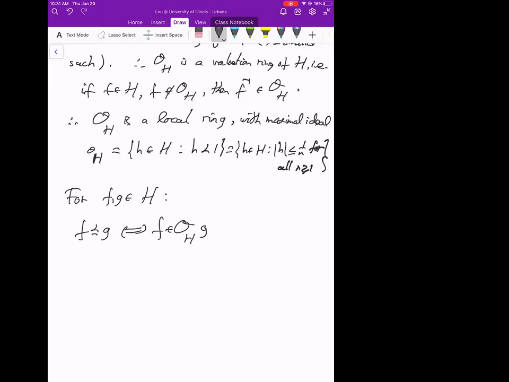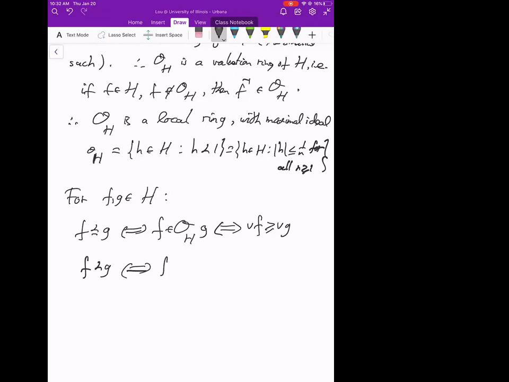Which in turn, if you take the valuation corresponding to this valuation ring, is also equivalent to the valuation of f being greater than or equal to the valuation of g, for the valuation little v on H corresponding to this valuation ring. Again, this is only for those who know about valuations. But sometimes we really need a valuation to do computations, right? Because v(f) actually takes values in an ordered abelian group, so you can add and so on.